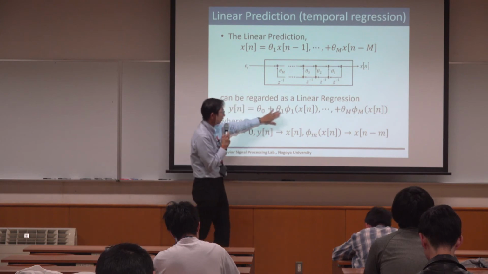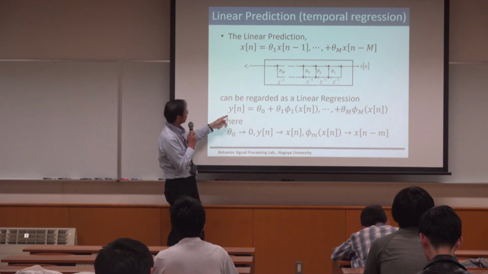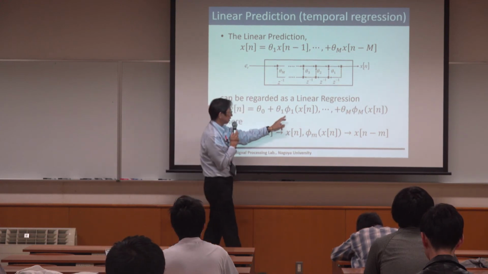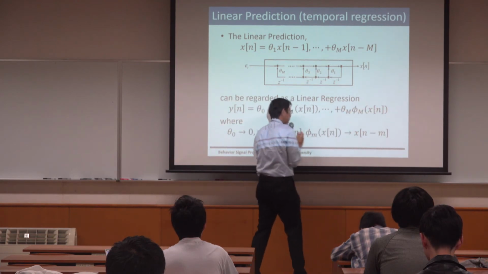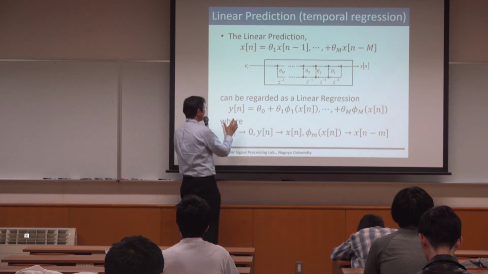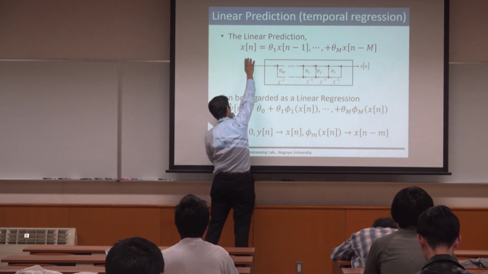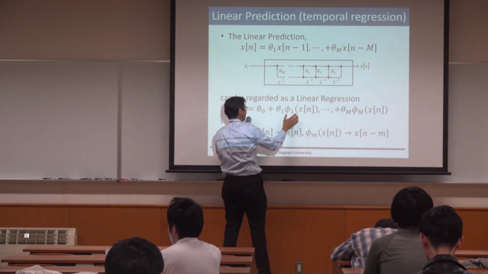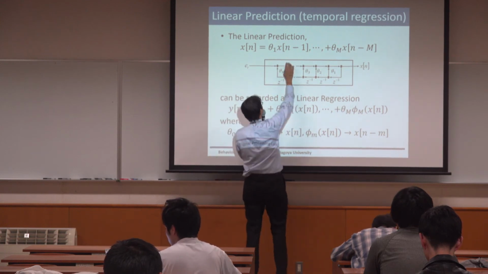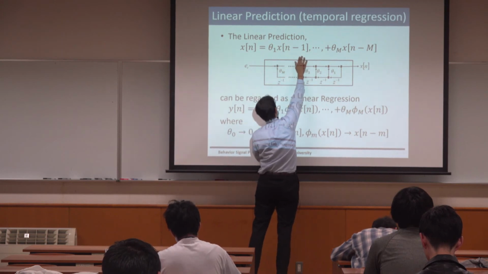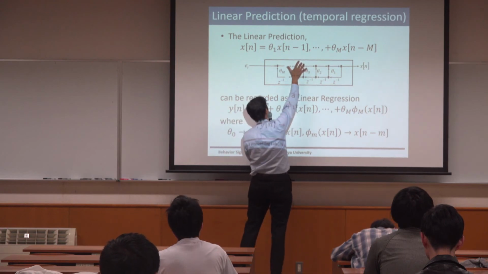Again, the same or very similar equation here: Yn = theta 0 + theta 1 times phi 1 of xn. This was the regression equation. And suppose that Yn is equal to xn itself, and xn operated by phi 1 is x(n-1), which means that this operation is the delaying operation of data.